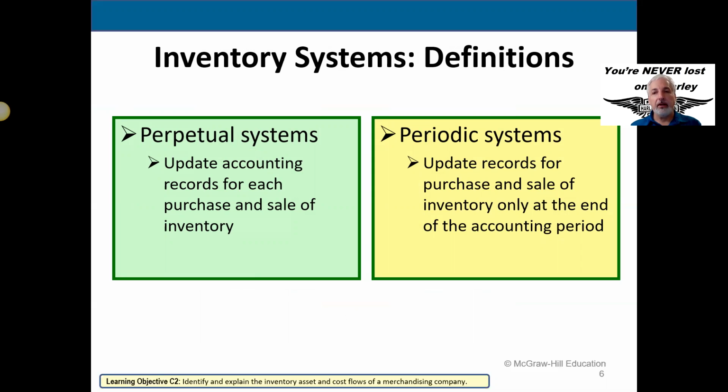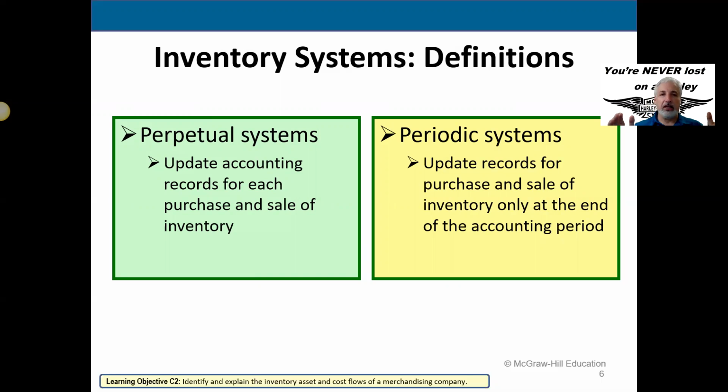Or periodic. I bought 20 cases of lettuce and I sold 2 heads of lettuce and another head of lettuce and 5 more heads of lettuce. And you're not going to calculate and say, well, perpetual, I had 238 heads of lettuce. I sold 1, now I have 237. I have 4 cases of Kix cereal.